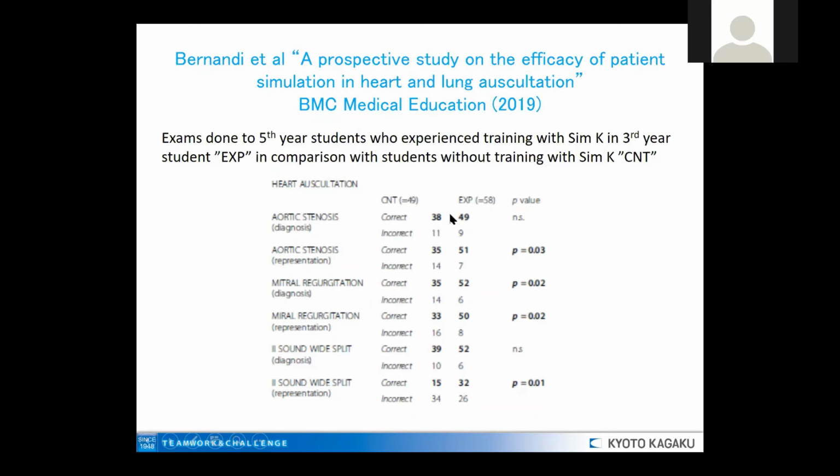So as you can see, the ones that used the simulator got more correct answers: 38 against 49, or 35 against 51, or 35 against 52. So there is a big difference between the students that used the simulator and the ones that didn't.